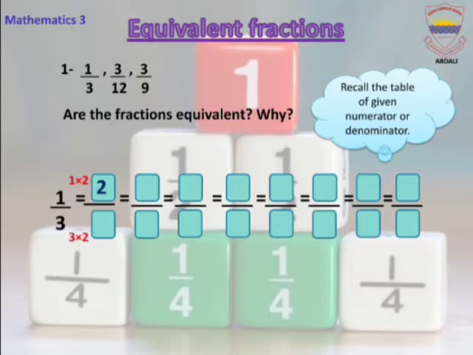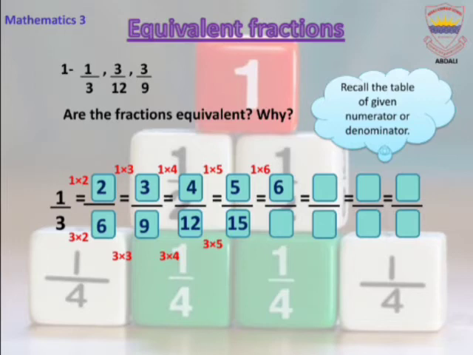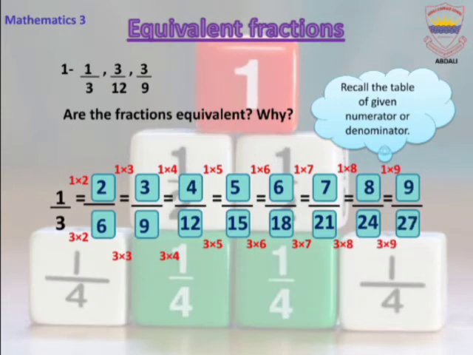Now we recall the table. 1 2 is 2, 3 2 is 6, 1 3 is 3, 3 3 is 9, 1 4 is 4, 3 4 is 12, 1 5 is 5, 3 5 is 15, 1 6 is 6, 3 6 is 18, 1 7 is 7, 3 7 is 21, 1 8 is 8, 3 8 is 24, 1 9 is 9, 3 9 is 27.